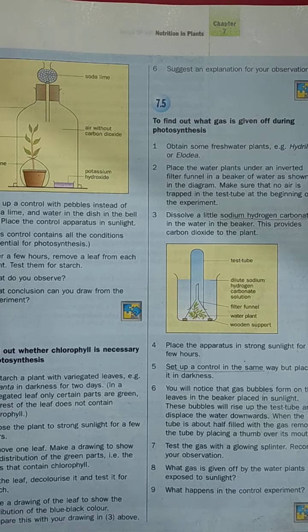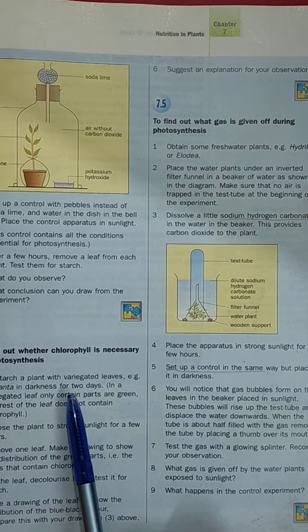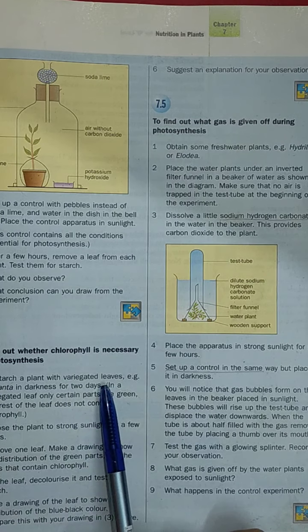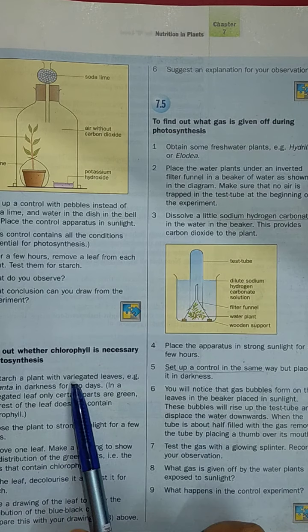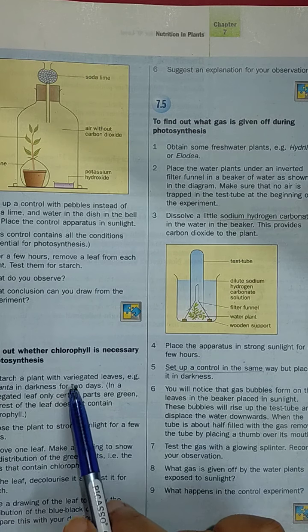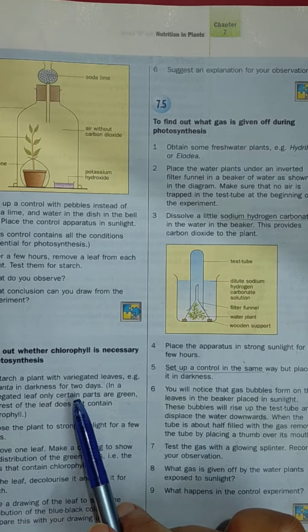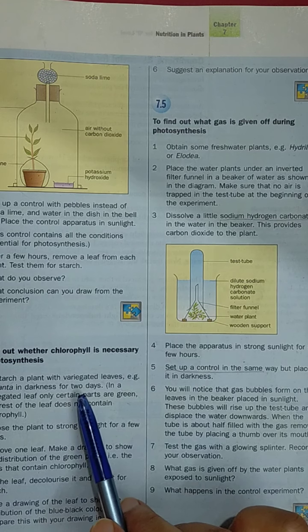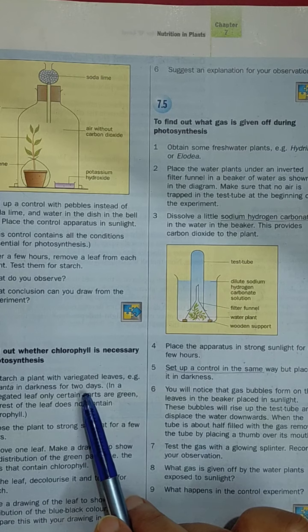To prove this, we have to take a de-starched plant which has variegated leaves. Now what does variegated leaves mean? Variegated means such plants which have leaves in different colors, meaning chlorophyll is present in patches, for example green and yellowish patches.